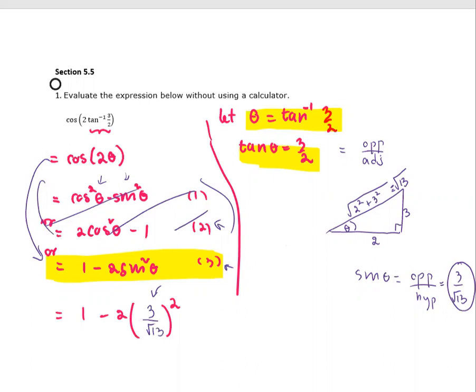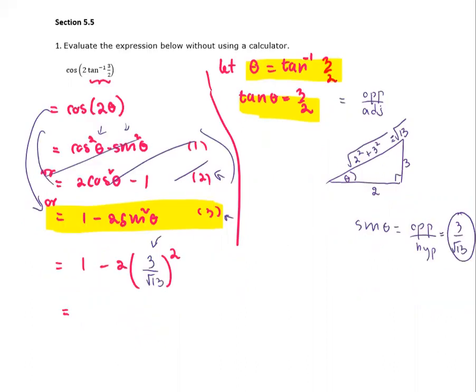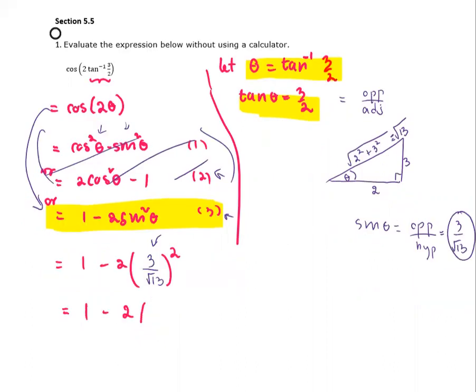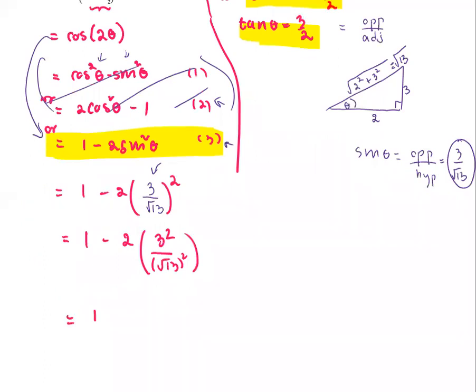Then simplify to be 1 minus 2 times 3 squared divided by square root of 13 squared, which gives us 1 minus 2 multiplied by 9 over 13, which is 1 minus 18 divided by 13.